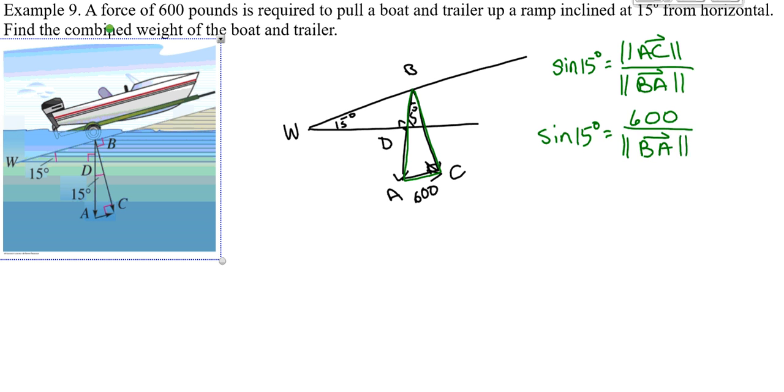So the magnitude of BA equals 600 over the sine of 15 degrees.